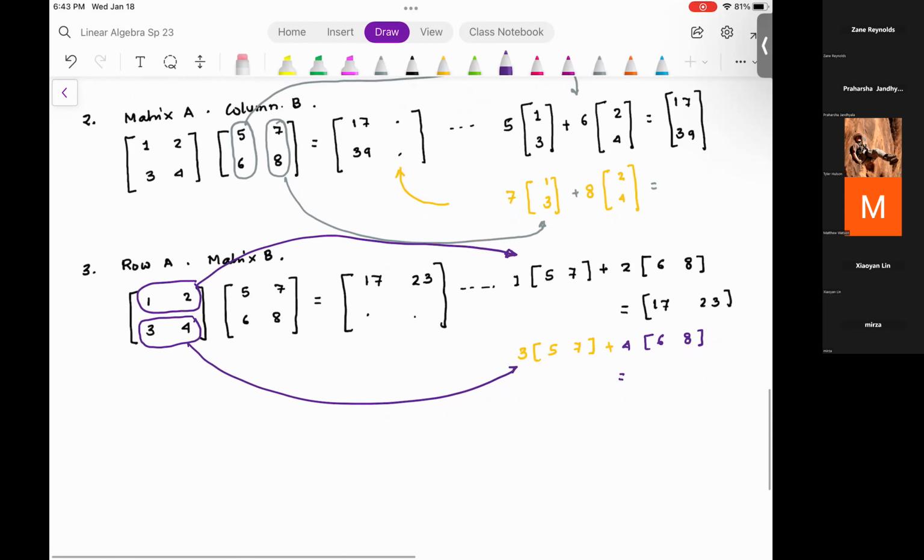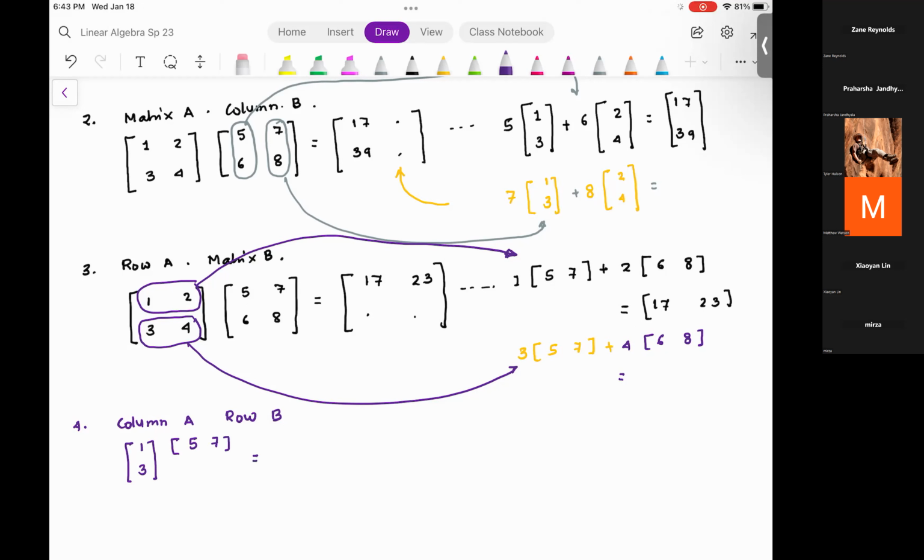The fourth way of multiplying matrix times matrix is column of A and row of B. So the way this can be done is if you look at 1, 3, this is the first column. Multiply that with the row of B, 5, 7.